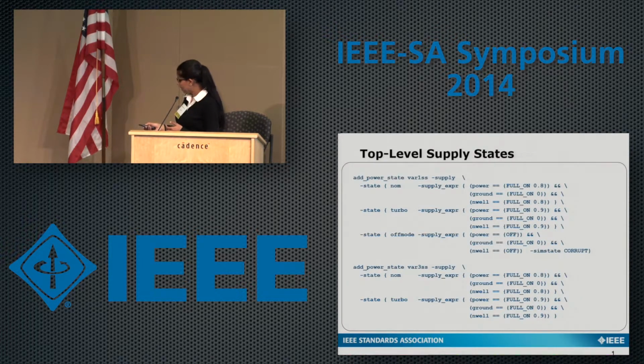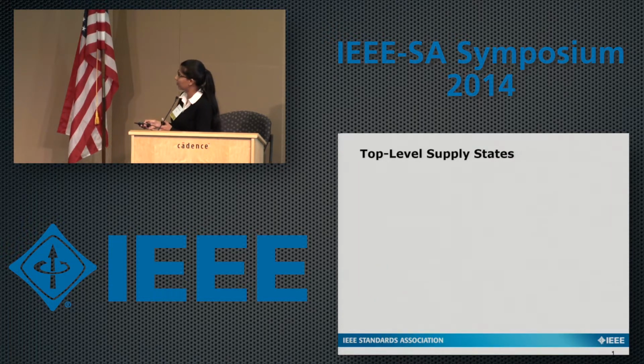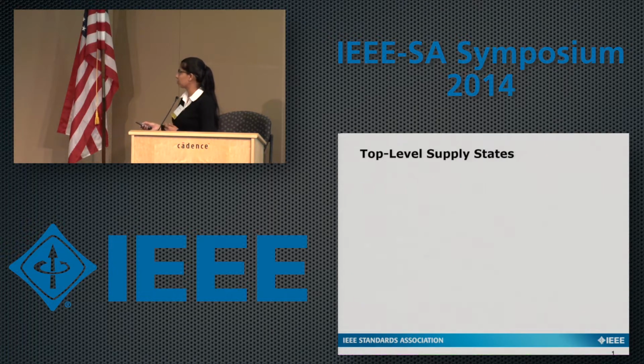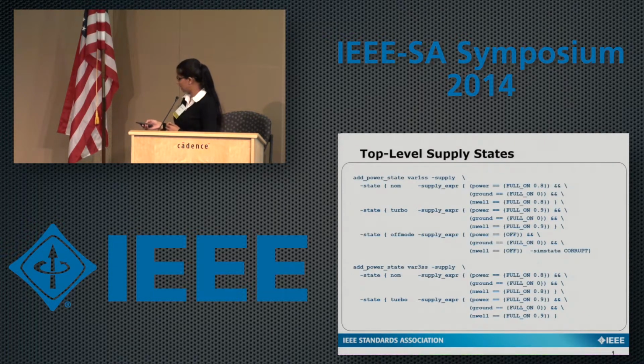This slide is showing how this table gets translated into UPF language or 1801 language. So what we've done is for each row of the previous table, we define an add power state command. And what you notice is there's a dash supply to it.